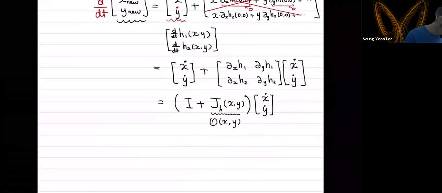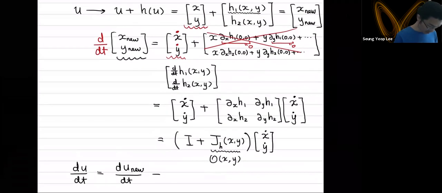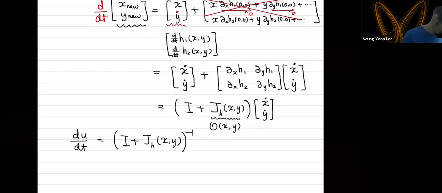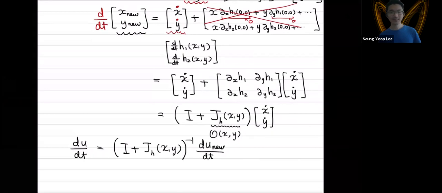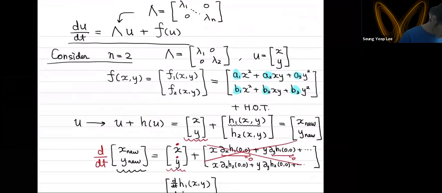So dy/dt will be, actually, 1 plus the Jacobian of h in x, y, inverse, times du nu/dt. Okay, so that's the left-hand side.